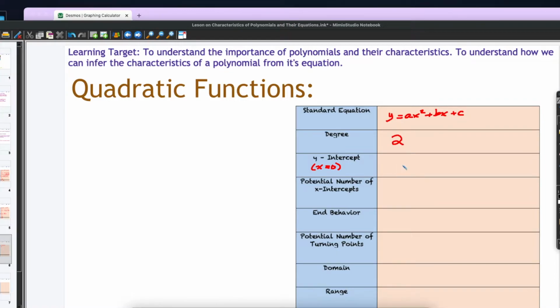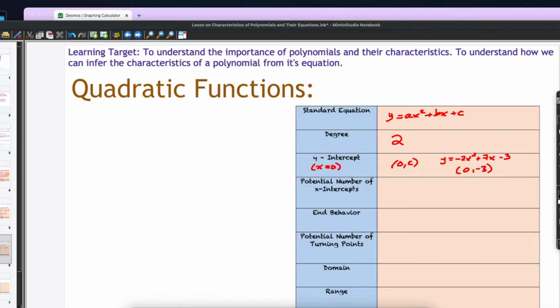You're going to be left with c, which is why you're going to see this reoccurring thing where the y-intercept, when you have something in standard form, is just your constant. So in this case, it's (0, c). So if we were to take a concrete example, let's just say negative 2x squared plus 7x minus 3, this would have a y-intercept of (0, -3).